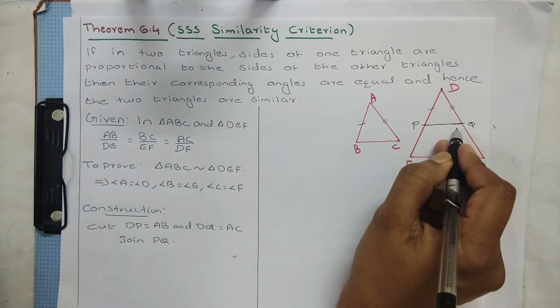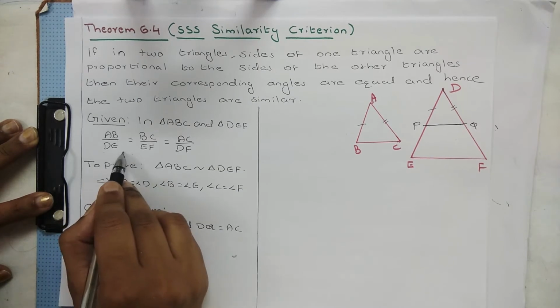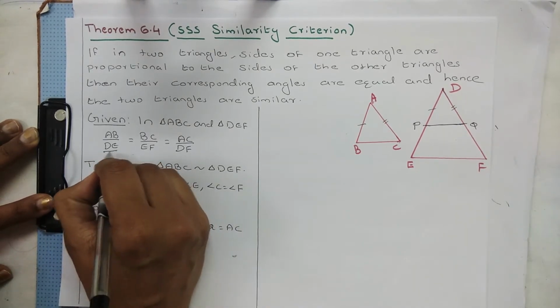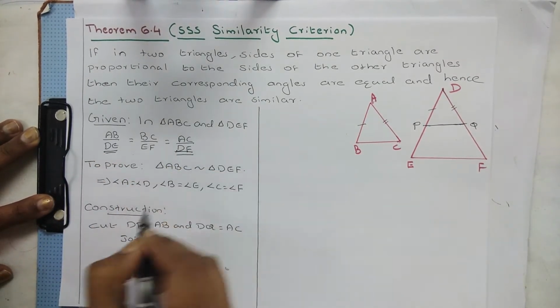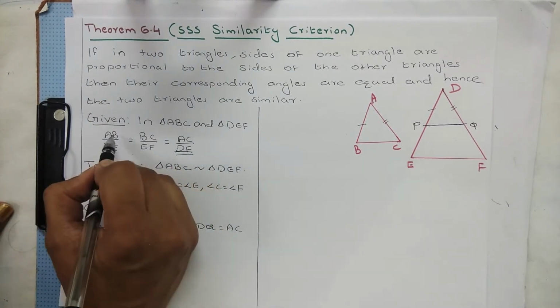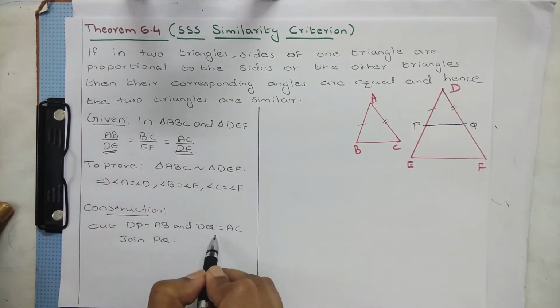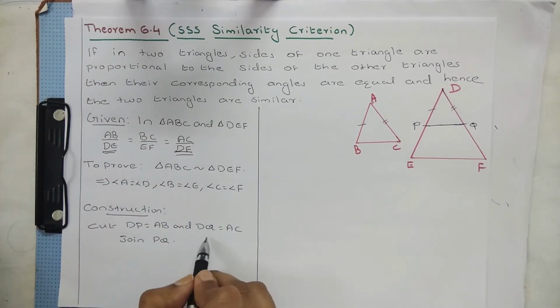For that, what we are doing means they have given only this one: corresponding sides are proportional. So I am considering these two proportion ratios. Why I am considering these two ratios means AB we can change into DP and AC we can change into DQ according to our construction.